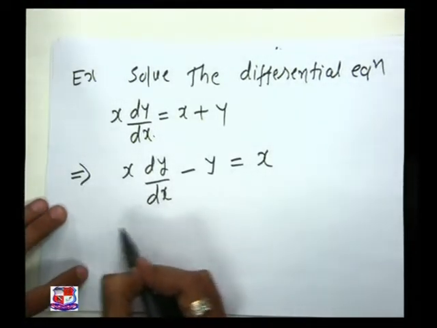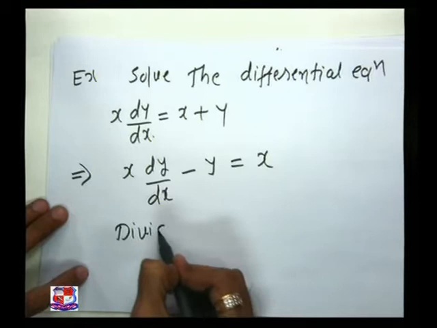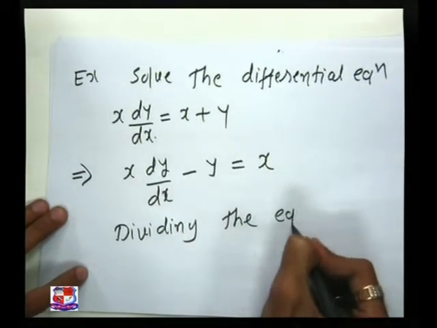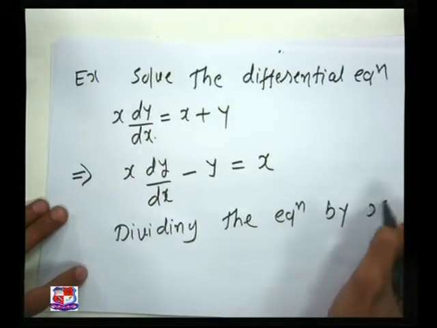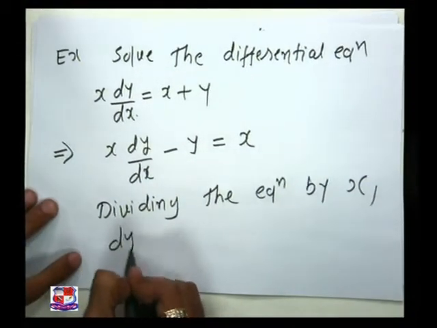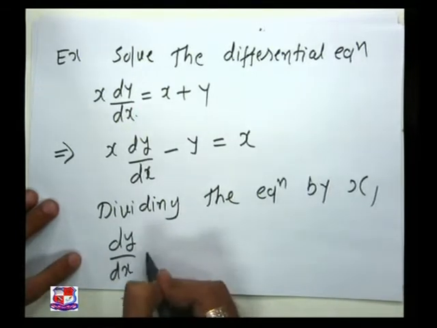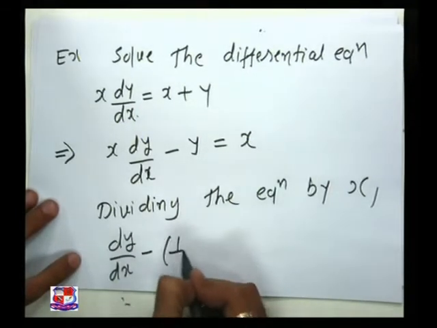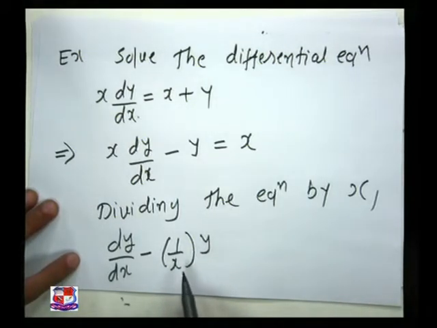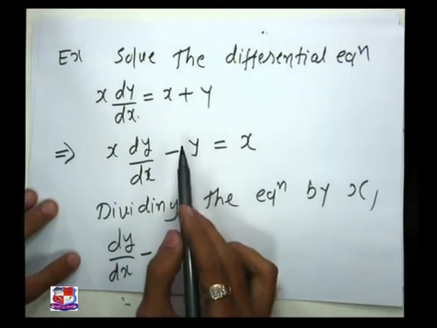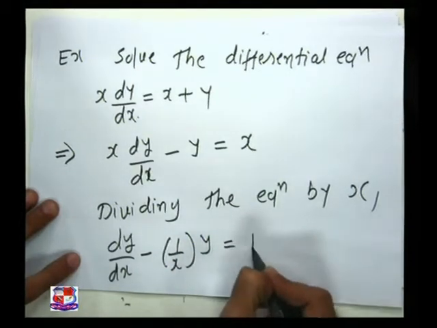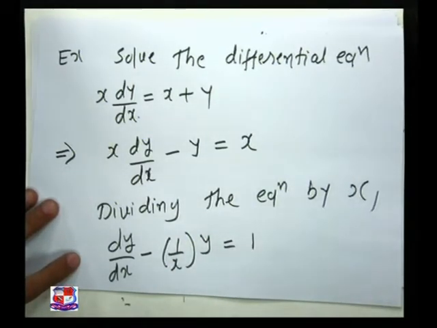So if we divide the equation by x, so we will get dy by dx minus 1 upon x into y, because I have divided by x here, so 1 upon x into y is equal to x upon x, that is equal to 1.